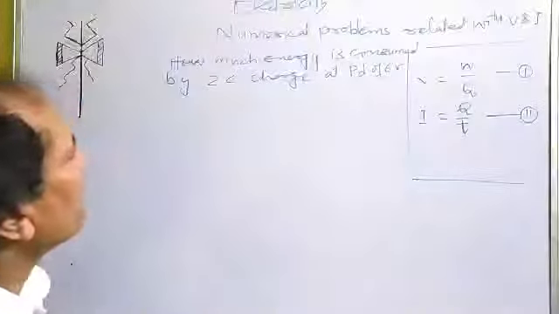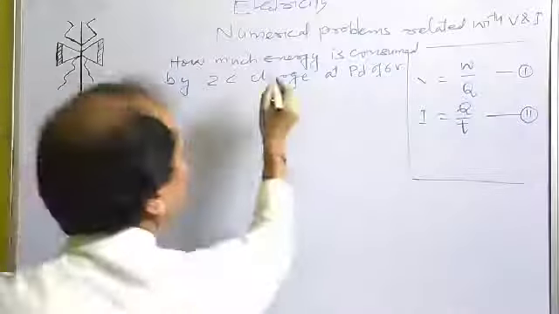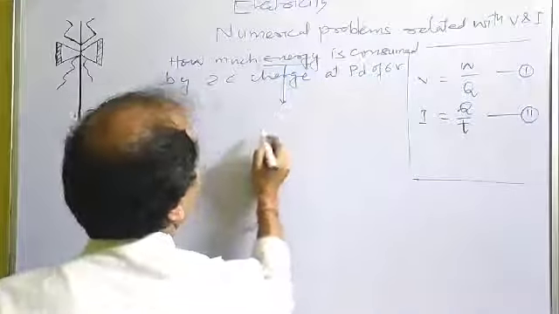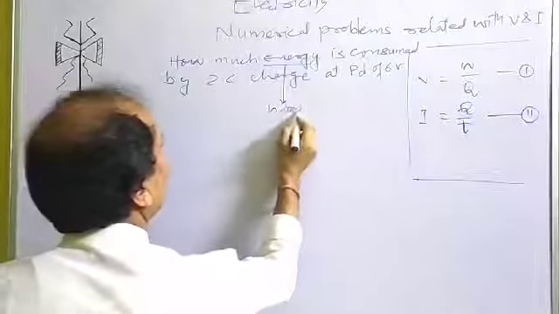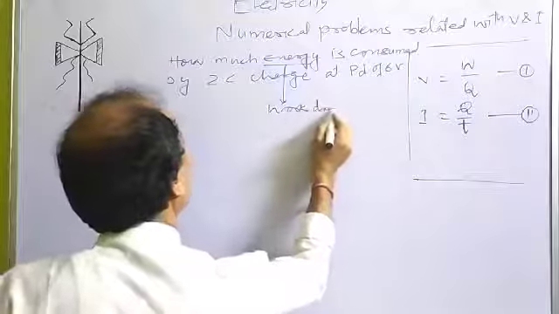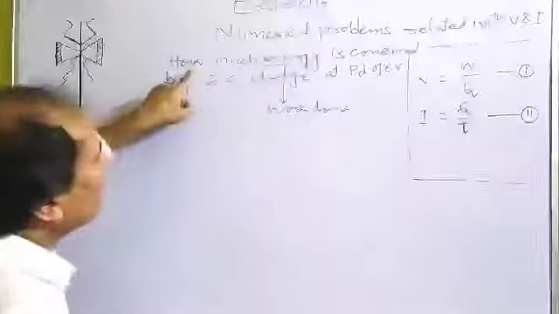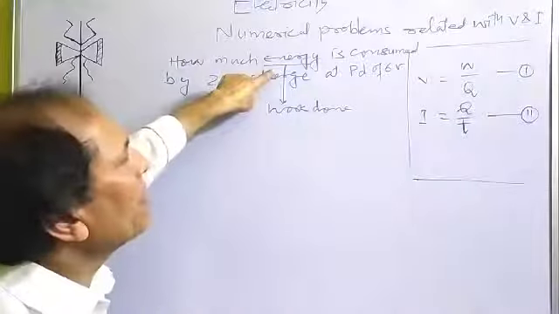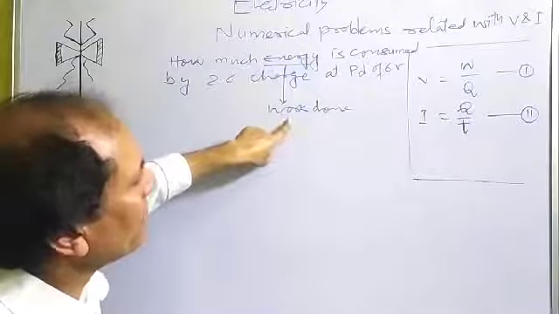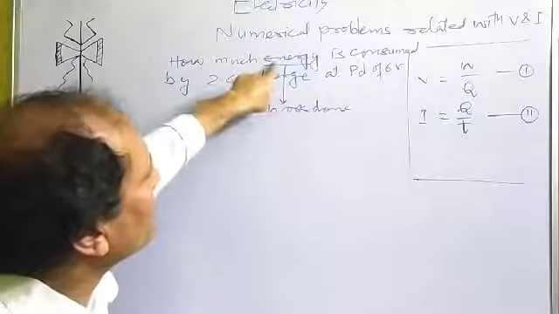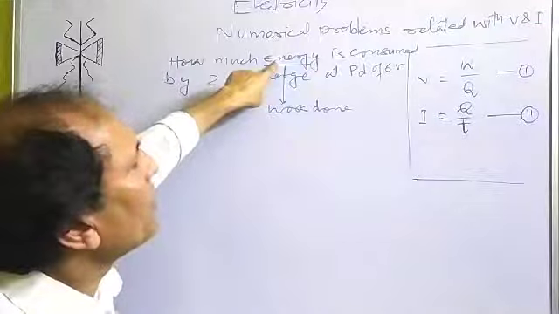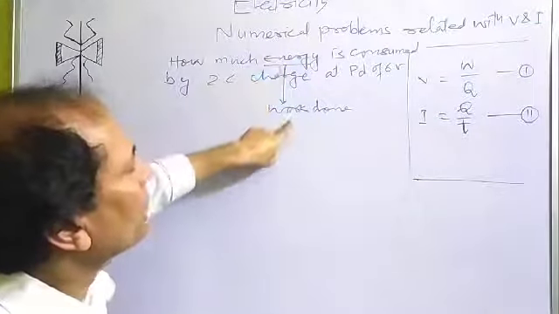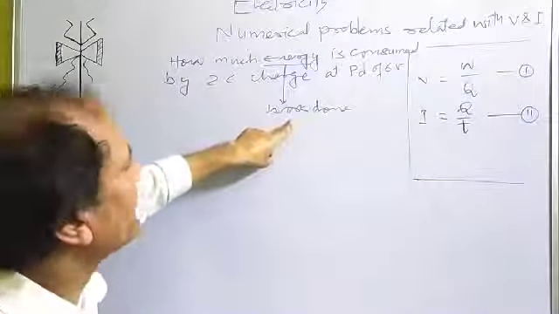Now, see here the conditions. How much energy? As we know, energy is work done. So if it is asked how much energy is consumed, it means how much work done takes place.